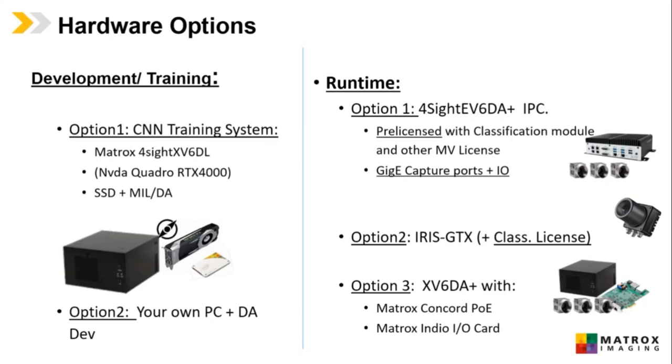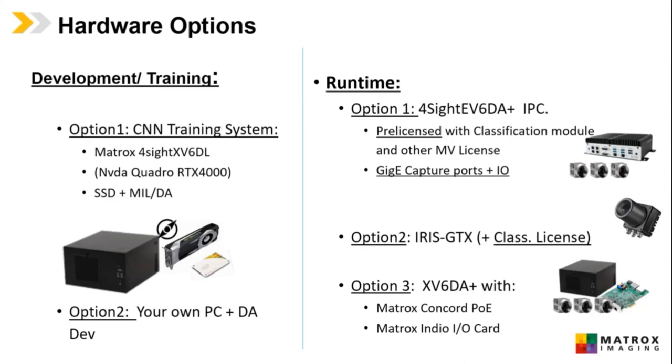It's a Foresight XV6 DL that features a pre-installed NVIDIA Quadro RTX 4000, a solid state drive, and comes pre-installed with Mill and Design Assistant. So you're able to do the training there. And again, it will shorten your training time from days to hours, perhaps, right?